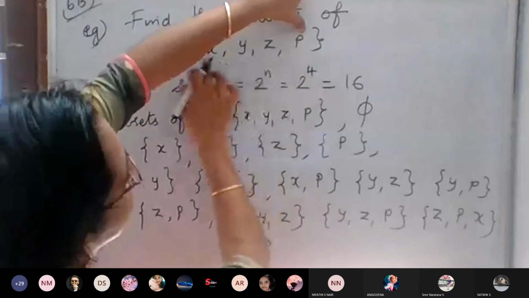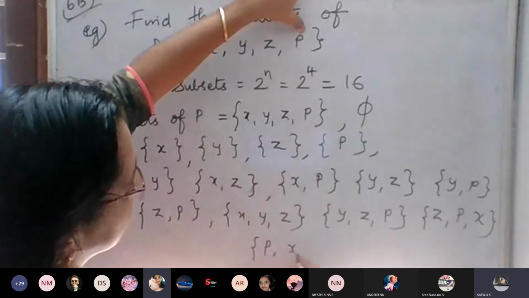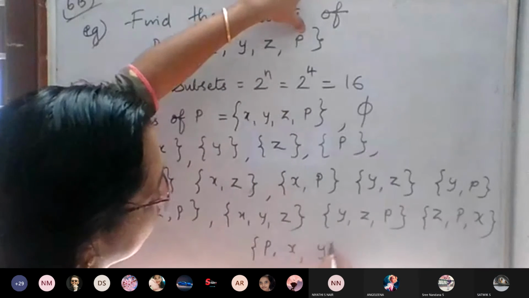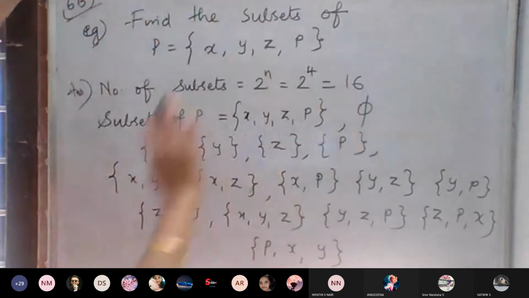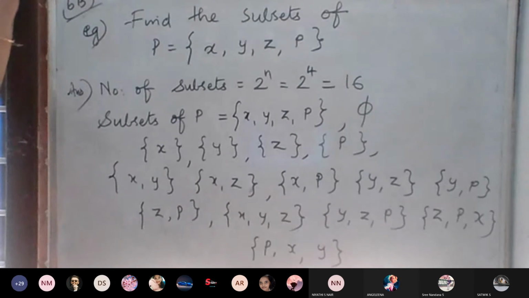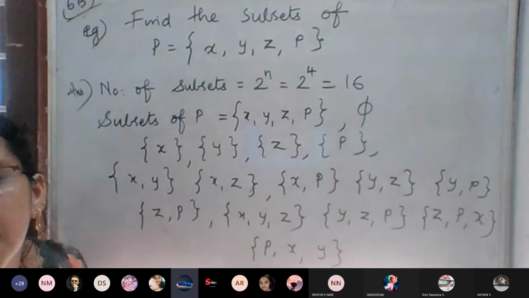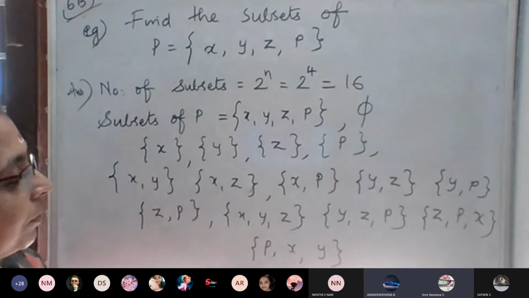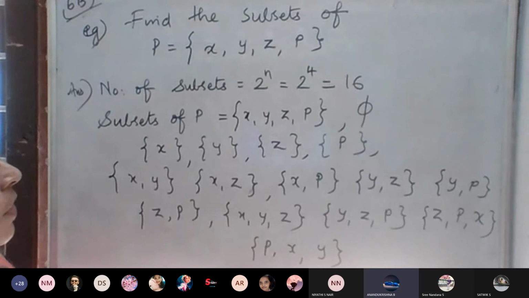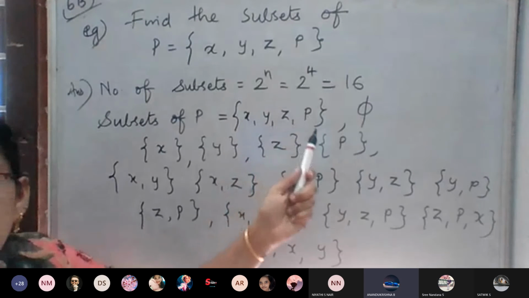Then from here starting X. Count it. How many others? We want to get 16. Then only we can finalize whether our answer is correct or wrong. Then XYZP, last one, the four letters. That already we wrote.